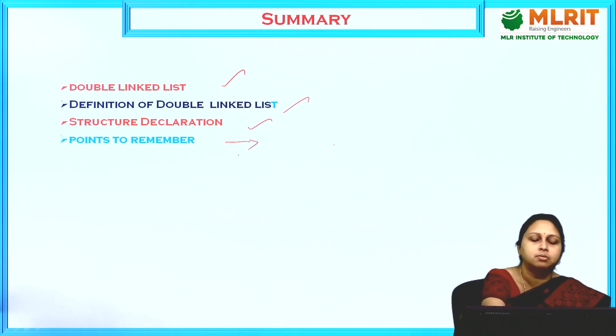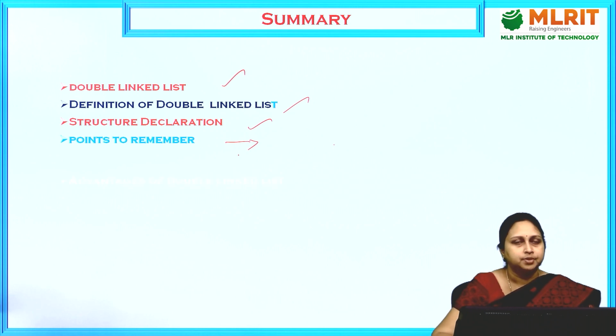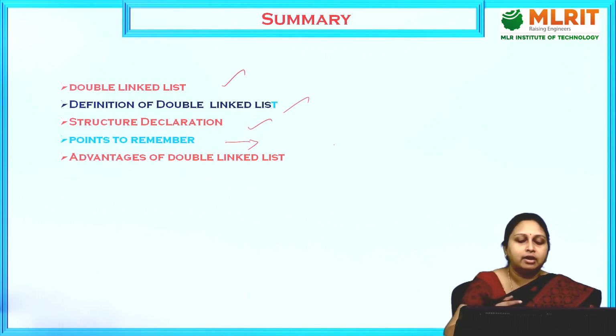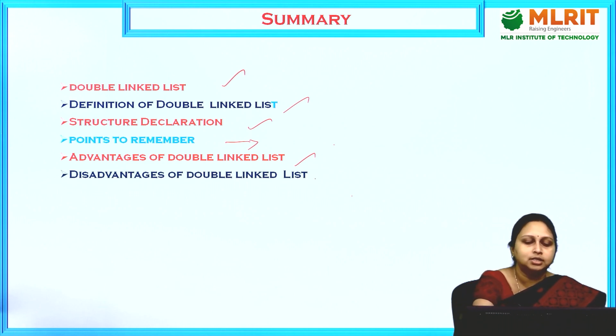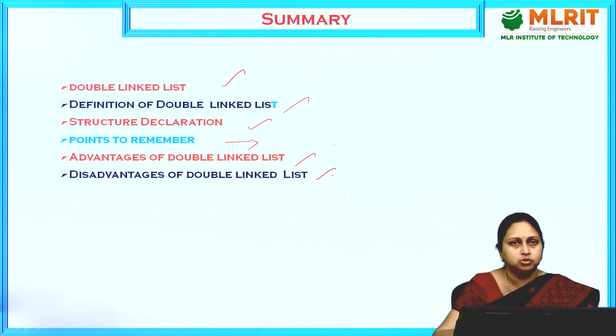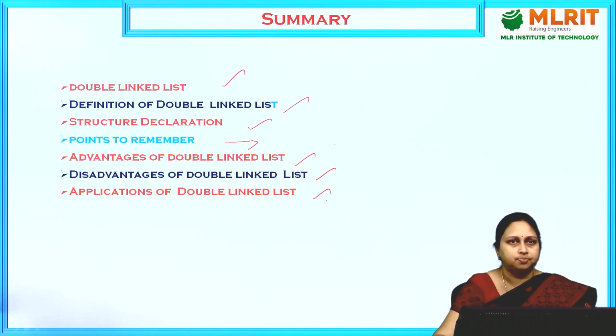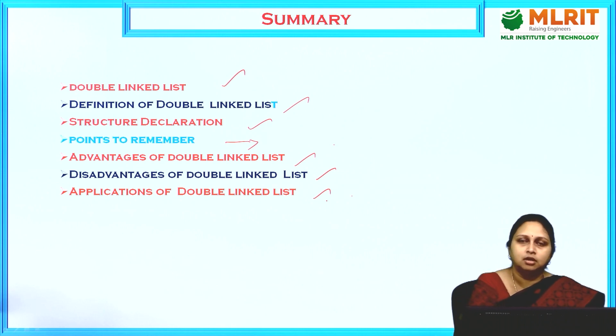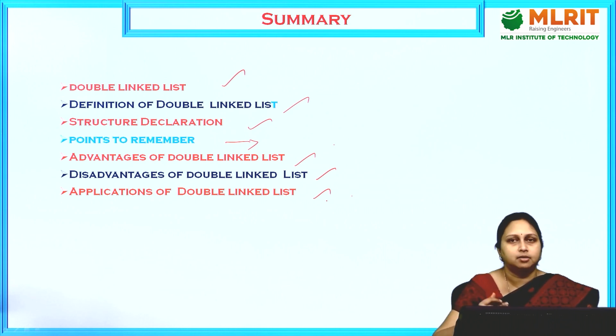Then we saw the advantages of a double linked list over the single linked list, the disadvantages, and the applications of the double linked list. We have seen this in the previous video. You can refer to the advantages of the single linked list and the double linked list and compare them. This is the overall summary of this session.